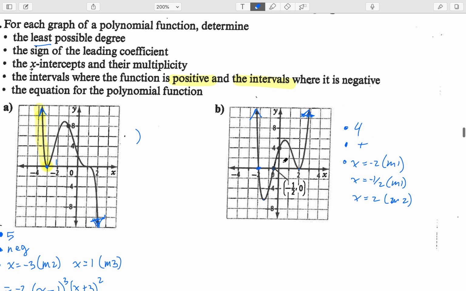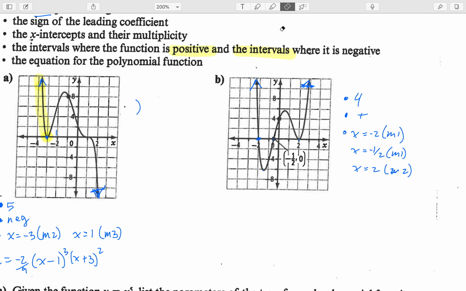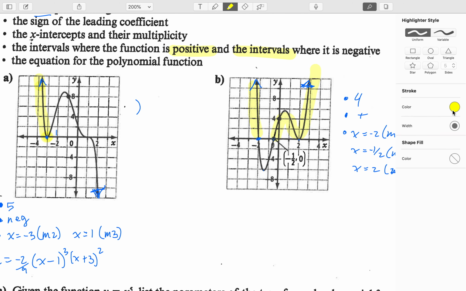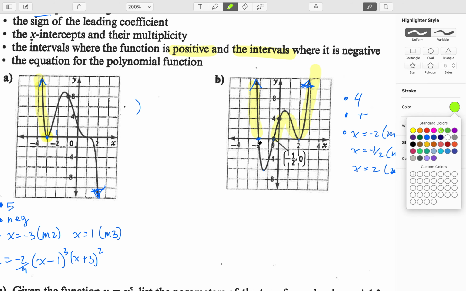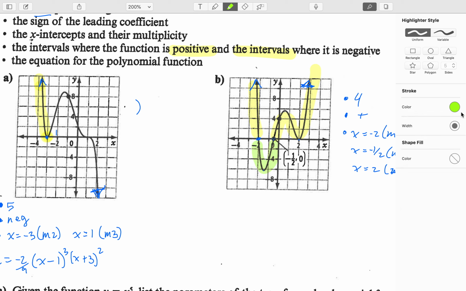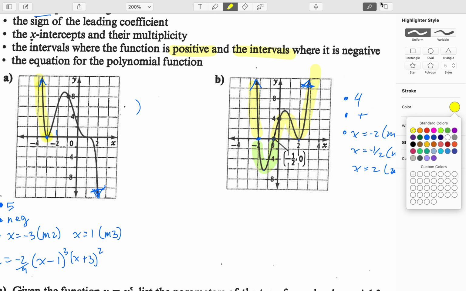Okay, where is it positive and negative? We can see this. It's not an important question. Here's where it's positive. The entire interval from -1/2 on, except for the point 2. And here is where it's negative, right? Negative between here and here. Big deal. Not a huge deal.